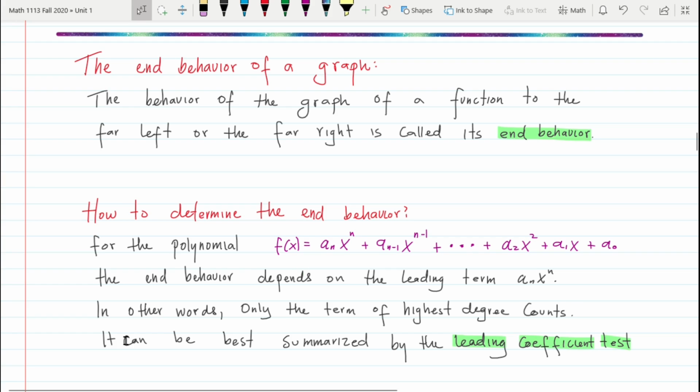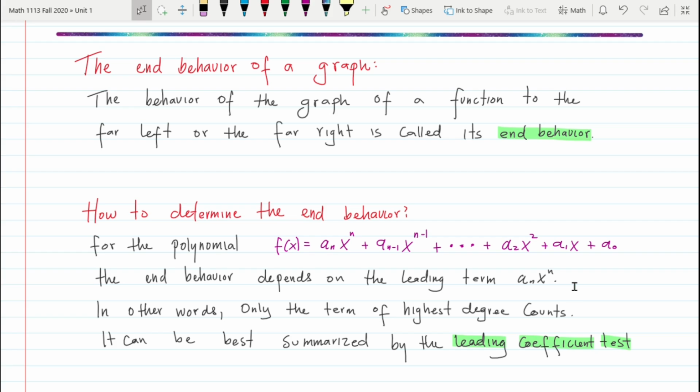So how do we determine the end behavior for any polynomial? Of course we're assuming that the polynomial has the general form for a polynomial. Now the end behavior is going to depend on the leading term, which is the number in front of the variable with the highest power.